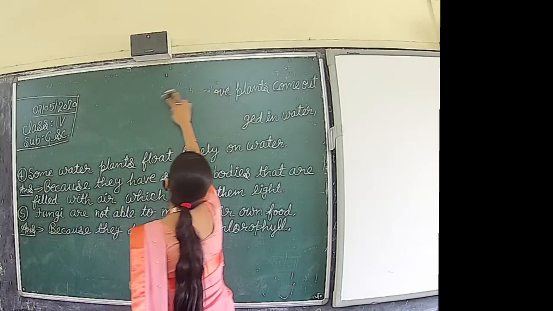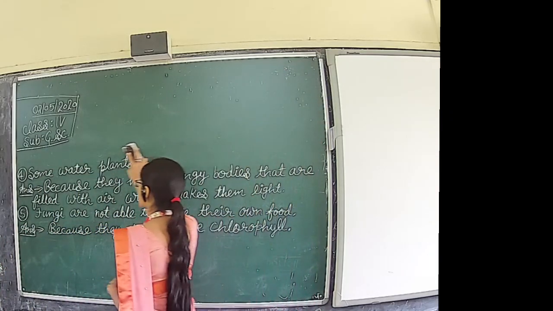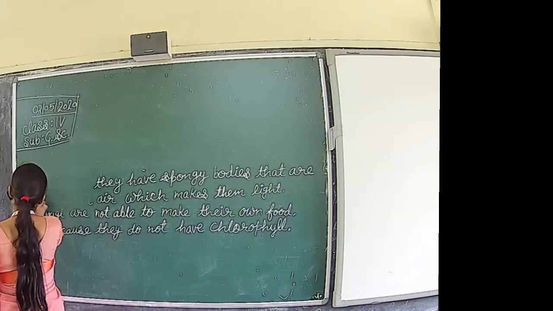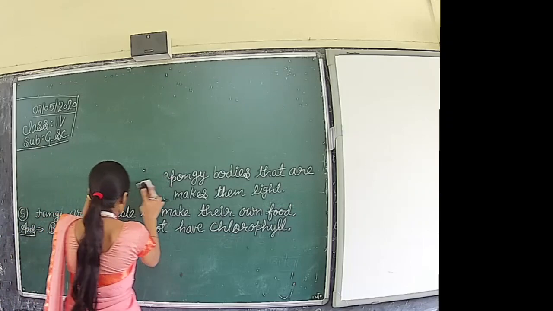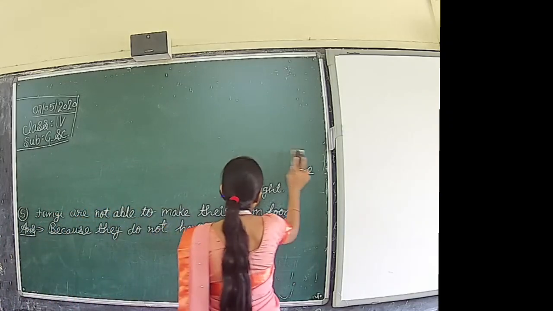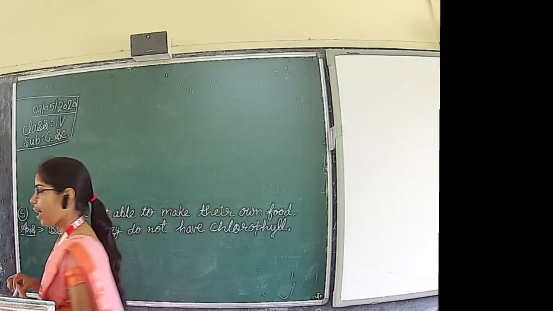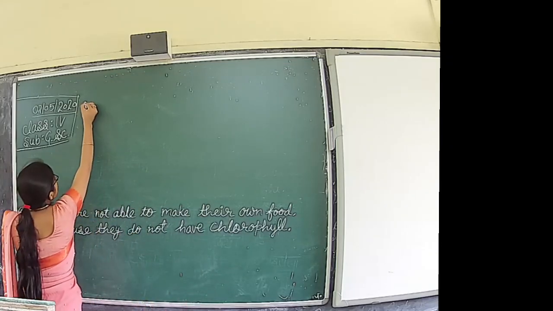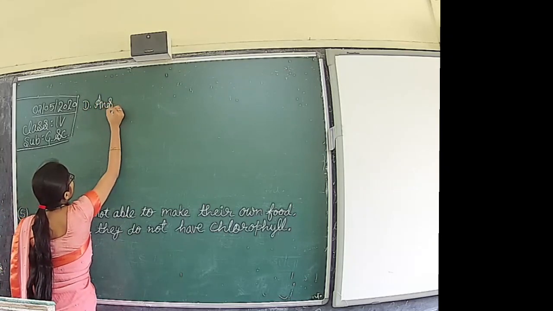Now, we will move to the next segment of the exercise, that is question answers. Okay? Now get ready for writing that. Now write exercise number D. Answer the following.